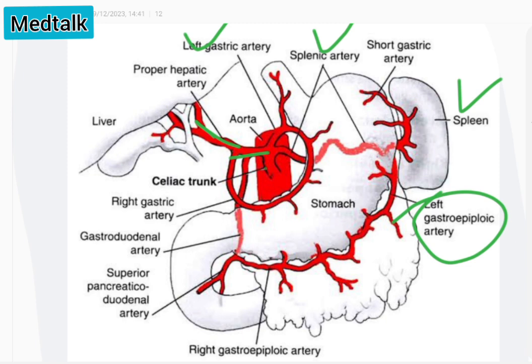Then the common hepatic artery gives the gastroduodenal artery, one branch, and it continues as the proper hepatic artery. The proper hepatic artery gives the right gastric artery and then divides into the right and left hepatic arteries. Okay, so this is the celiac trunk.